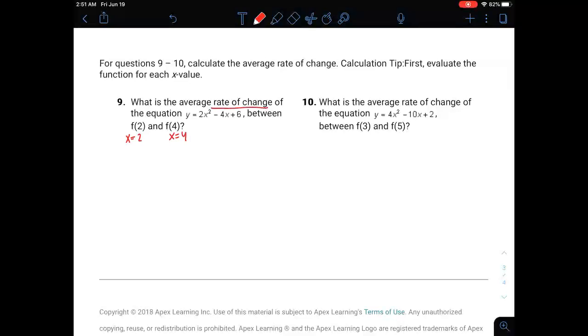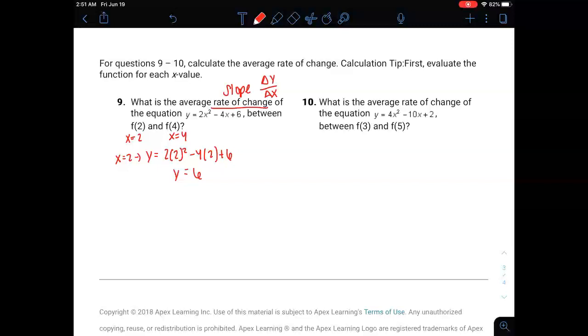It's asking you for the rate of change, which is also known as the slope: the change in y over the change in x. So we'll have to solve for y when x is equal to 2 and when x is equal to 4. When x is equal to 2, y is equal to 6.